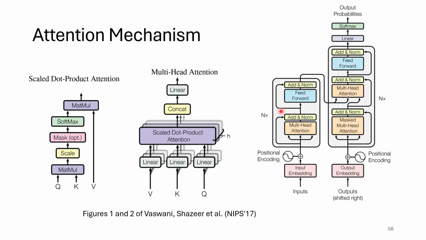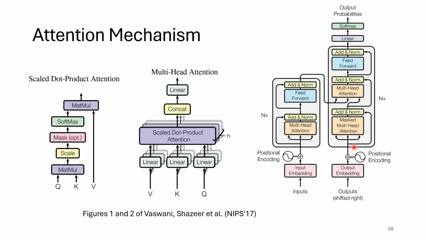Let's take a look at the transformer architecture. For translation or language processing, there are usually two parts. The first is the encoder, and the second is the decoder. For different tasks, they will use either only the decoder, or the encoder, or both of them.